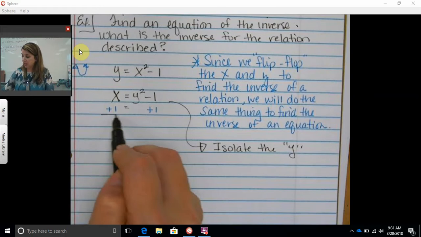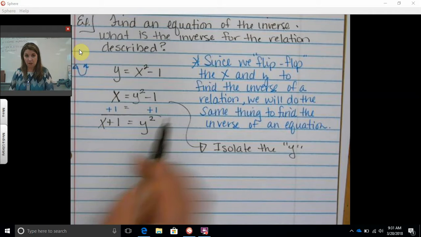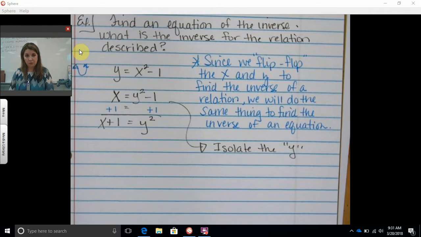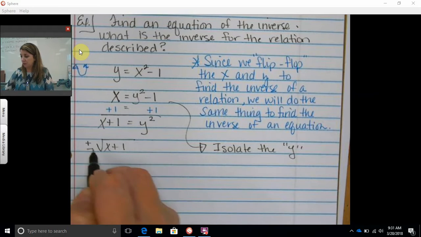So we have x plus 1 equals y squared. Have we solved for y? No, we've solved for y squared. What's the inverse of squaring something? Square rooting it. And remember, when you take the square root, you take the positive and negative square root.